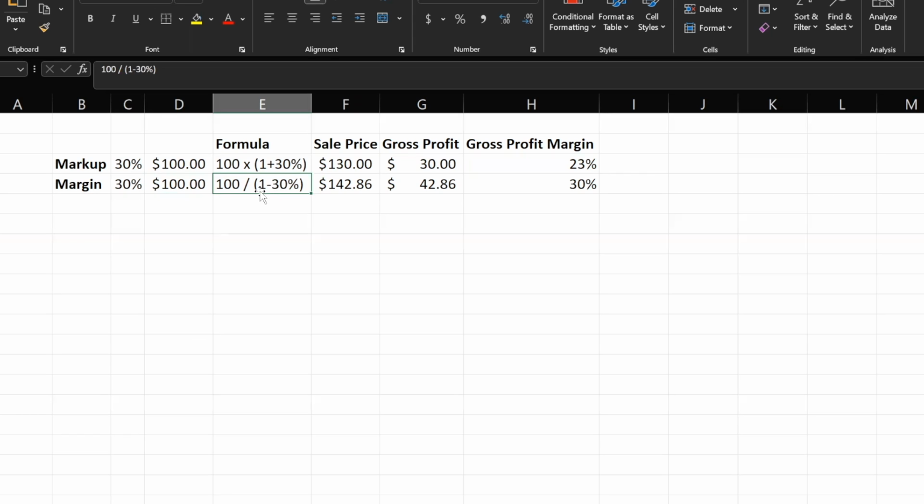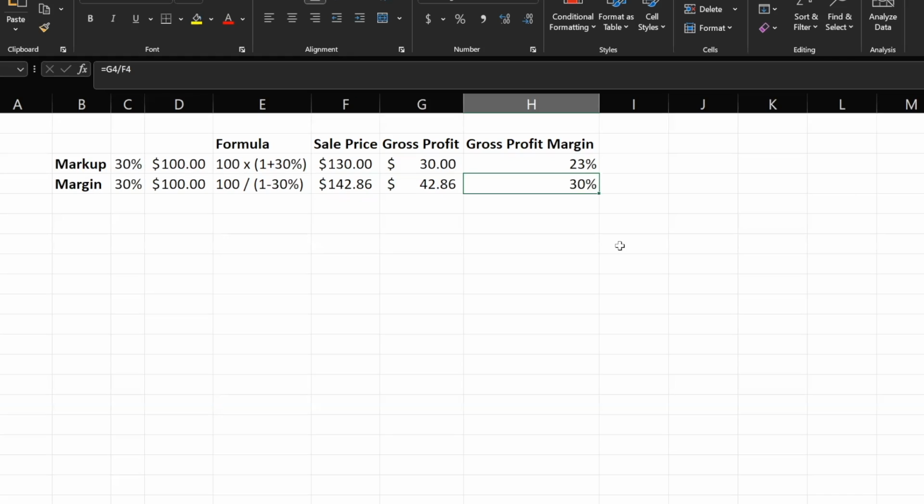So we're going to be dividing it by 70%, which will give us $142.86 for the sale price. And if we sell it at that amount, we will have a gross profit of $42.86. And again, if we divide that into the sale price, we end up with 30% for gross profit margin.